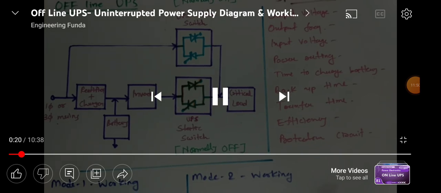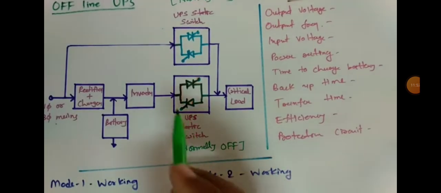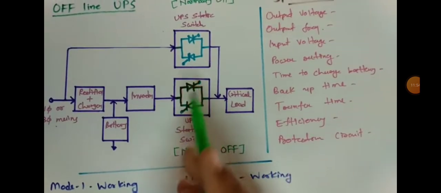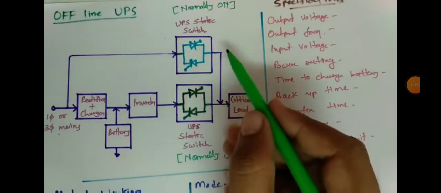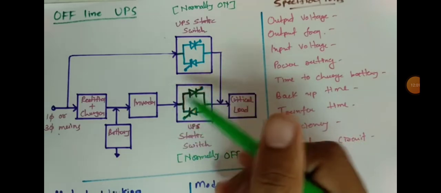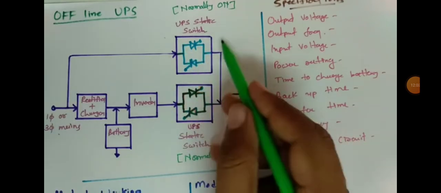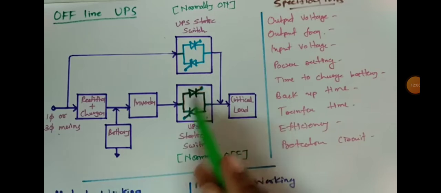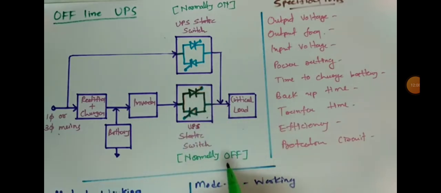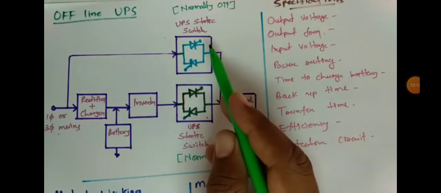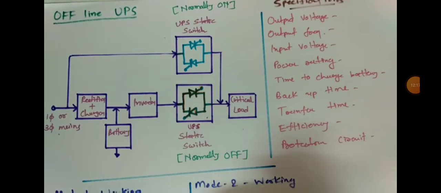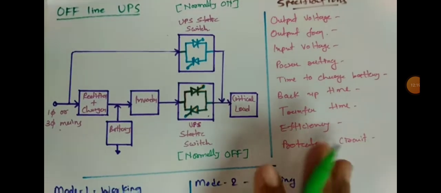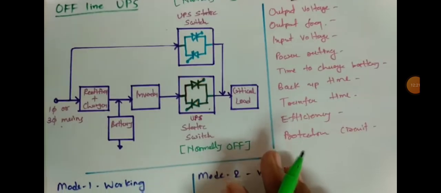So the circuit of offline UPS is almost similar to online UPS, but if you see this circuit, there is one difference with respect to online UPS, and that difference is this switch is normally on and this switch is normally off, while in case of online UPS this switch is normally off and this static switch is normally on. So that is the basic difference one can see in its functioning.